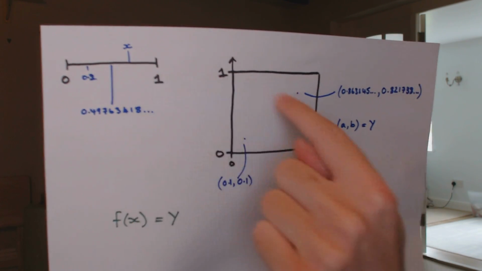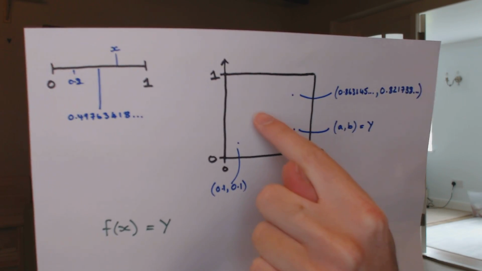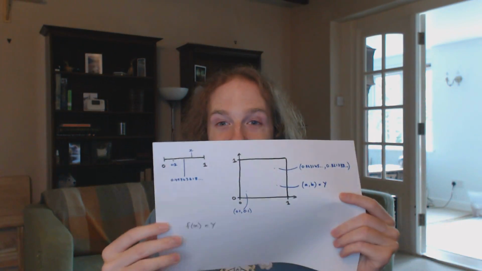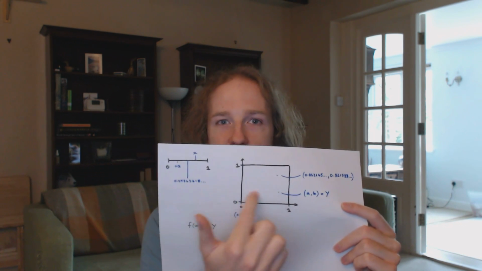So you take any point in here and there is a point on here that will map onto it. If that's confusing, and it might not be because we're geeks, that's basically a maths way of saying, can I draw a line so that it fills the entire square?